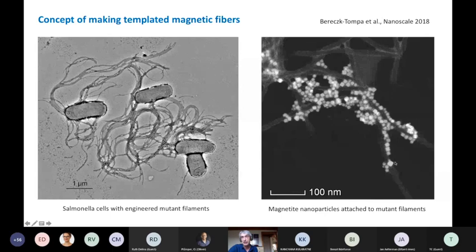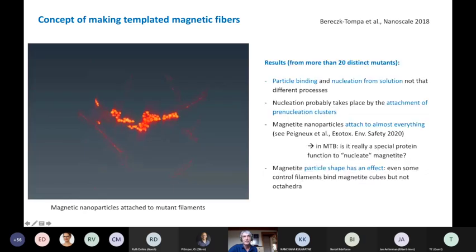In some places you have magnetite, in others you don't. And the interesting thing was that no matter if we use the pre-made magnetite nanoparticles, as in this case, or we put the filaments into solution, we ended up having the same thing. So even with the nucleation experiment in the solution, we didn't get a complete coverage of these filaments.